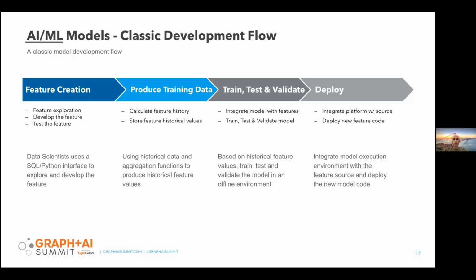Once the feature is developed, we need to generate training data sets by calculating historical feature values. On the classic model flow, this is a simple thing to do, since the data already exists for any given event, and by using simple aggregations such as sum or count, we can have any feature value calculated for any point in time. The rest of the process is the same for graph-based features and for classic features. But these two initial steps are the challenges I want to focus on.